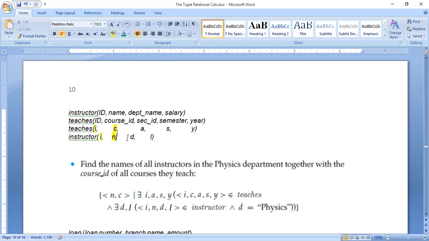So we have used all the domain variables A, S and Y, and this query is now done.